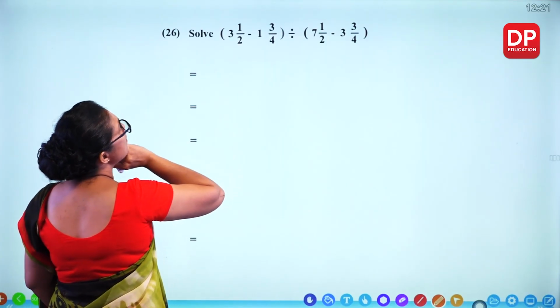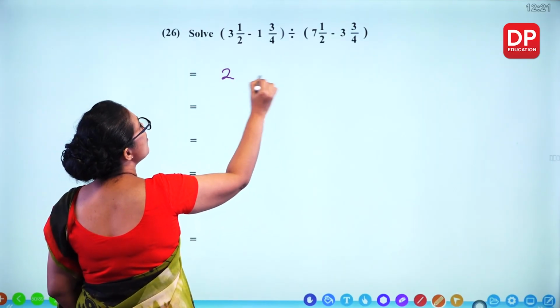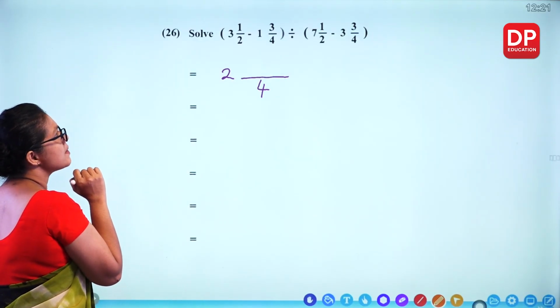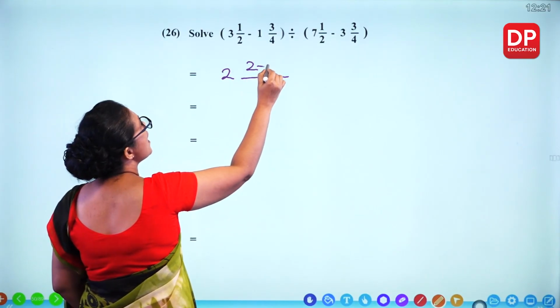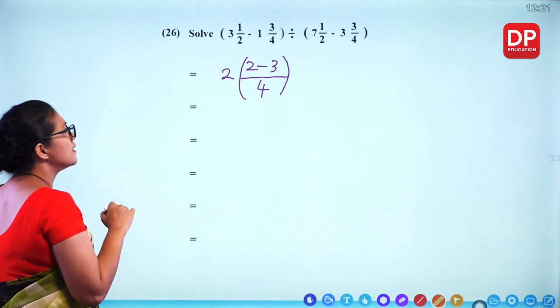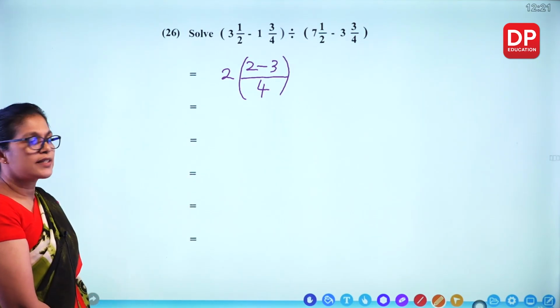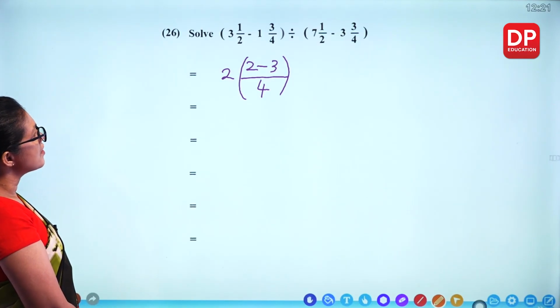3 minus 1, 2. And the common denominator is 4, lowest common multiple. Convert to 4. This is 2 minus 3. Now what happens? Can you subtract 2 minus 3? You can't.